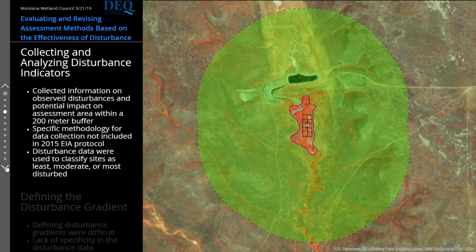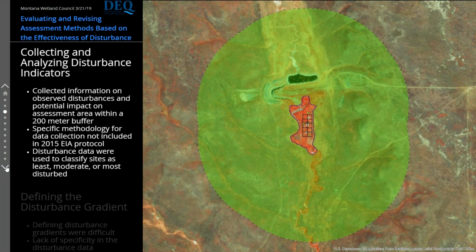So this is where I'm actually going to get into methods a little bit more, especially the collection of disturbance data. To collect disturbance data in the Musselshell, we looked at what disturbances are present in both a 200-meter buffer, which is the green, and the assessment area, which you'll hear me say AA quite a bit.